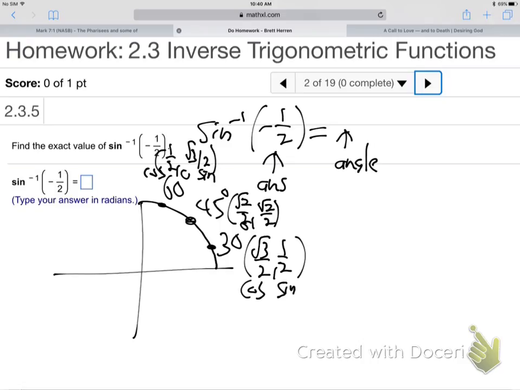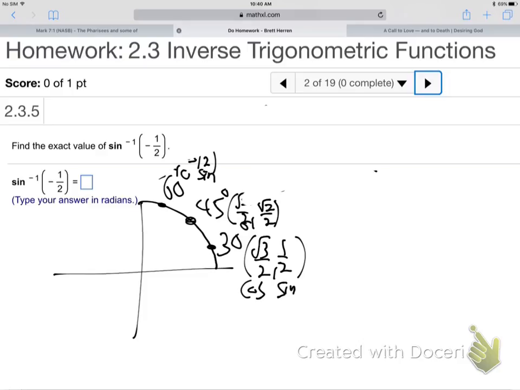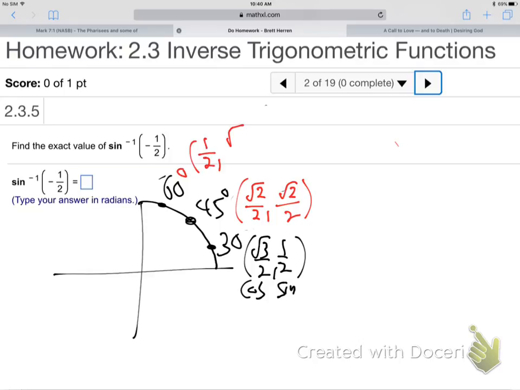I wish I'd done that a little neater. Let me get a little room here, because that is important. That's really, really important that you have this on your 3x5 card. Let me make it neater. This is root 2 over 2, root 2 over 2, and this one is over a half.